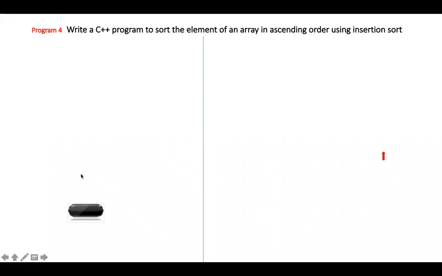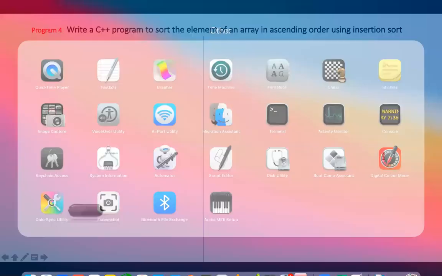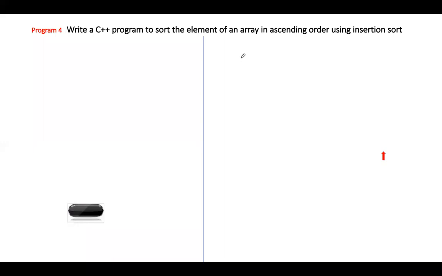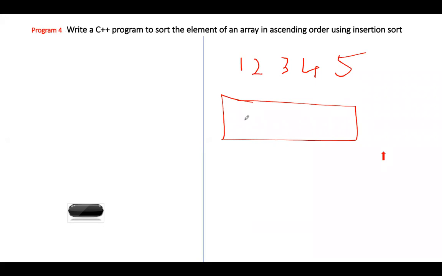Smaller to bigger in the sense we'll start from small elements, smaller numbers, that is 1, 2, 3, 4, 5, etc. These are nothing but the arrangement of smaller numbers. So if your array is given with values not arranged, those values will be arranged in the form of ascending order using insertion sort.